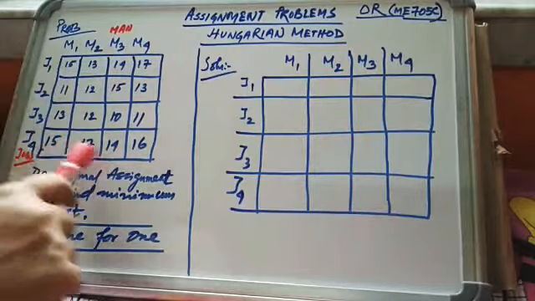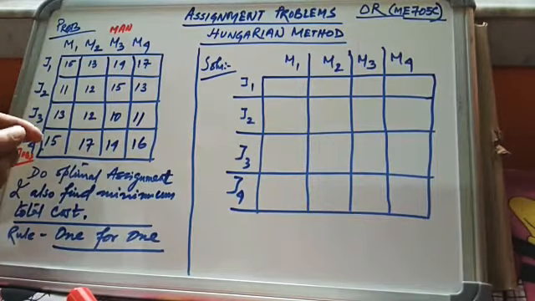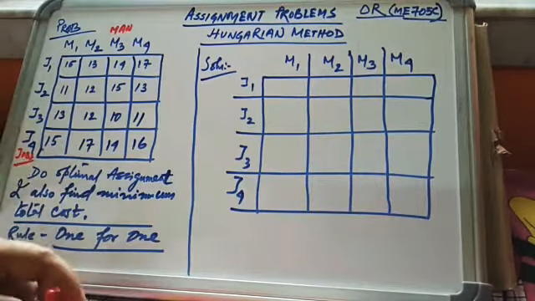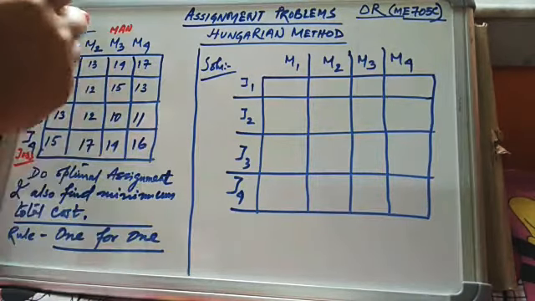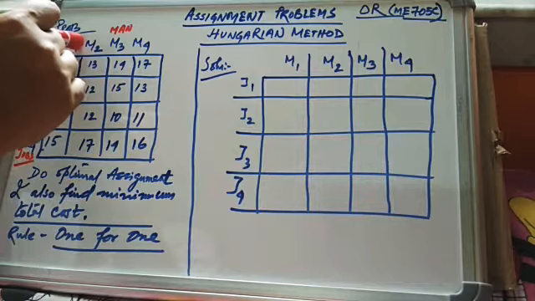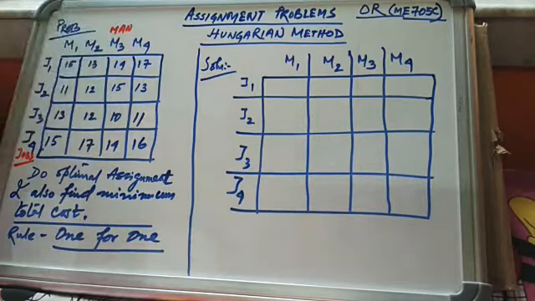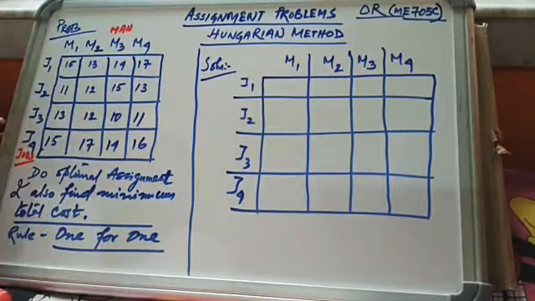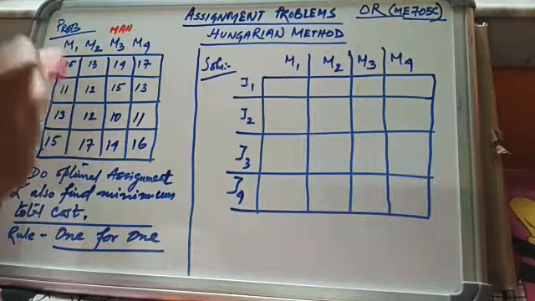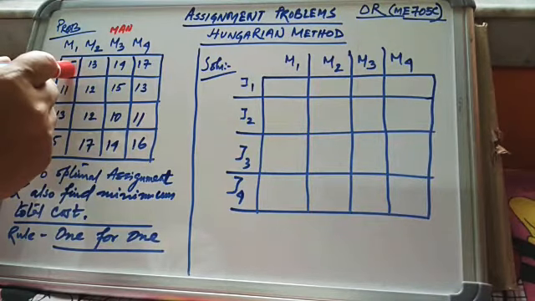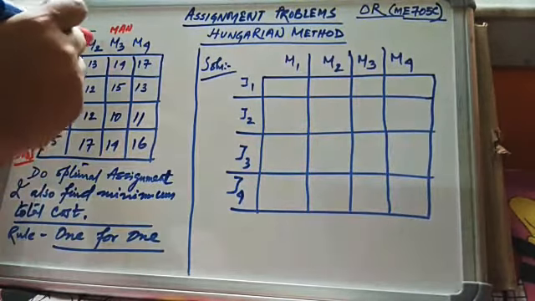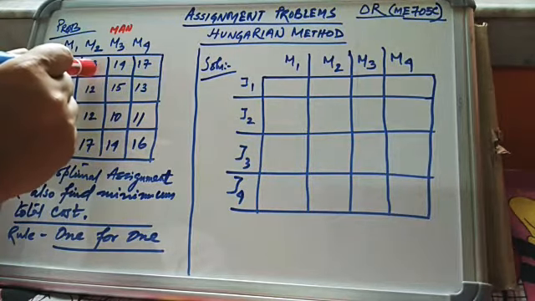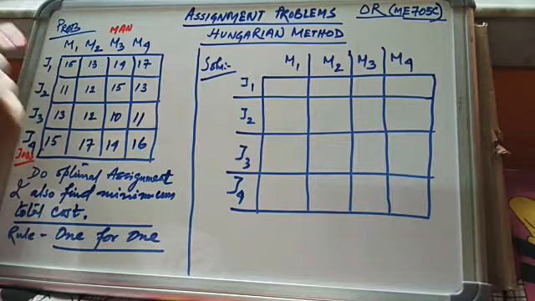And what does this decision matrix say? This decision matrix says these are the jobs and the men M1, M2, M3, M4. This man demands rupees 15 to do job J1, and this one demands 13 rupees to do the same job J1.